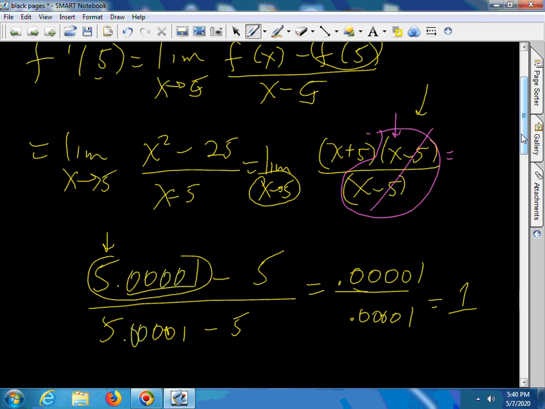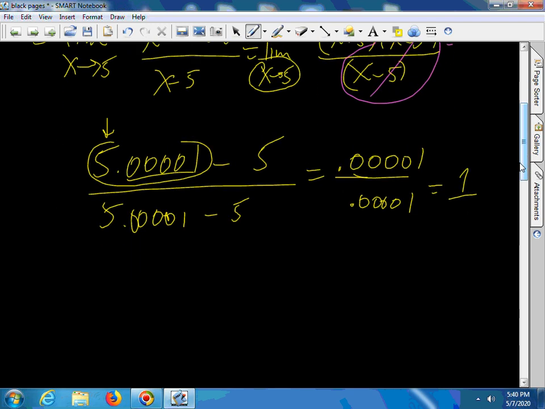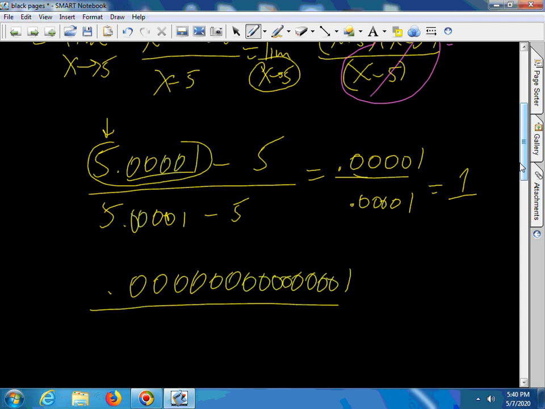Only 0 over 0 isn't 1. I don't care how small you are or how big you are. If you divide it by the same thing, and no promises I'm putting the same number of zeros, but assume I did, this is 1.